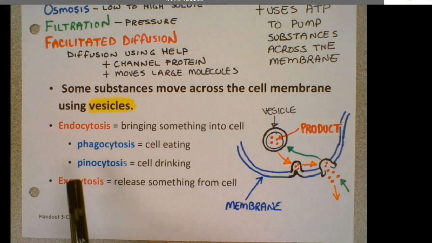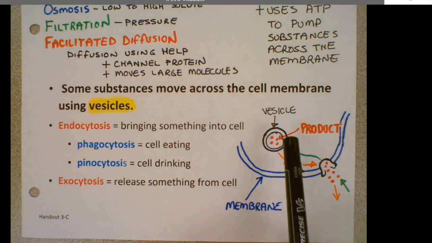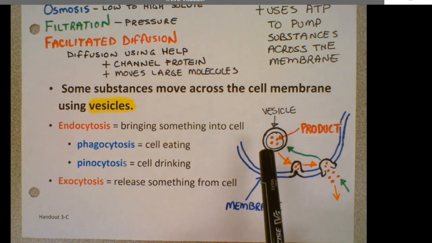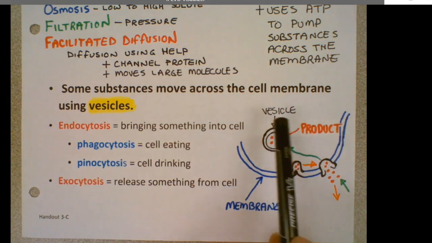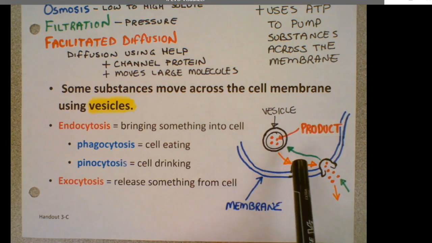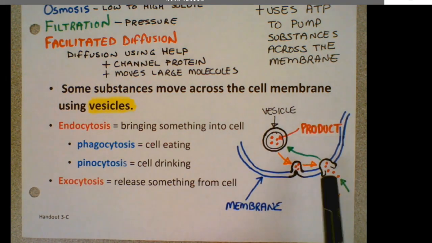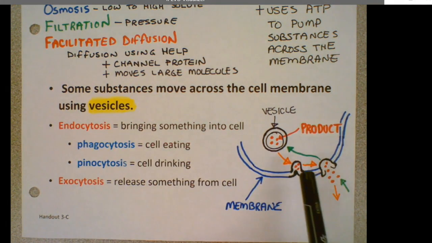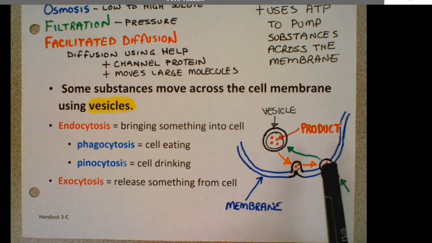If we make a product, let's say we make a hormone, or we make some kind of product like sweat or milk or oil, something that a cell needs to make, a lot of times we make that product in the cell and we package it into a vesicle and then send that vesicle to the plasma membrane, where the vesicle merges with that plasma membrane and releases the product out.